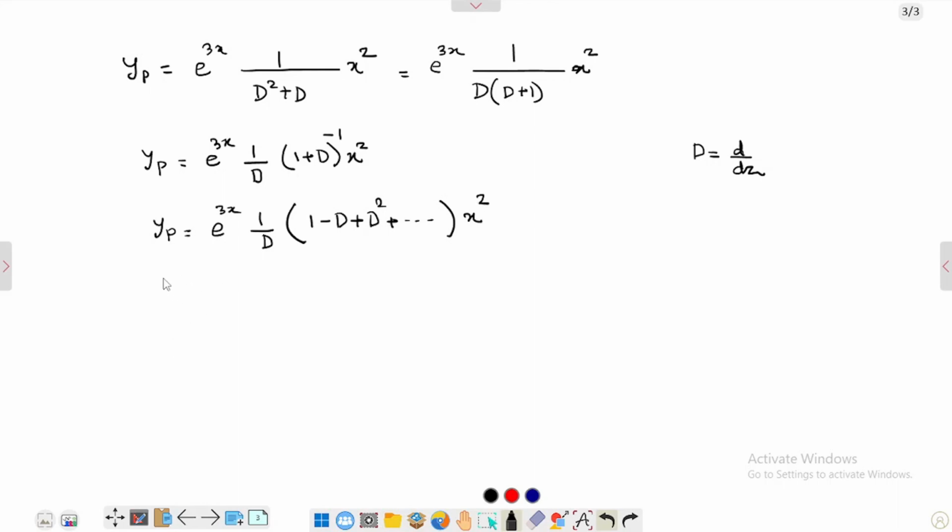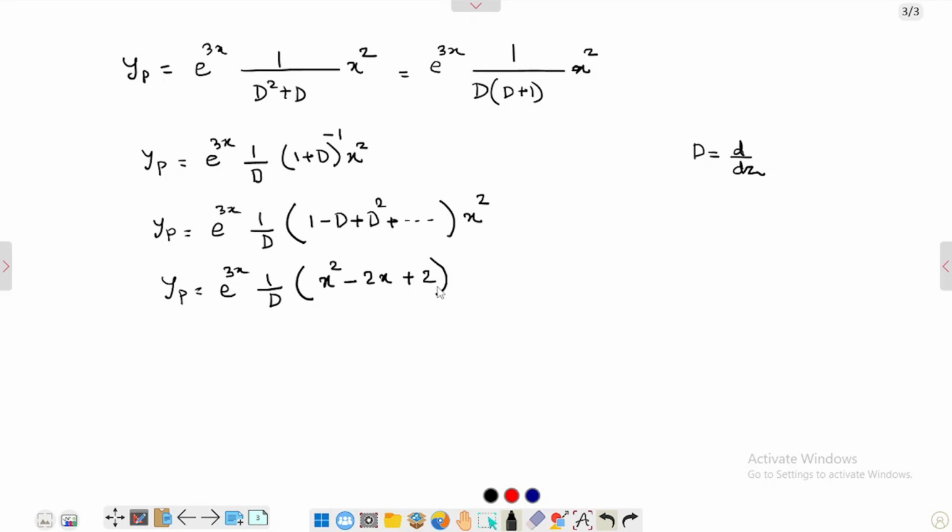So if I do that, what I get here is e to the power 3x, where there I had 1 by d, then I get x square minus d, that is my d by dx. If I do the derivative of x square, I get 2x, and if I do the double derivative of this one, I will get 2.